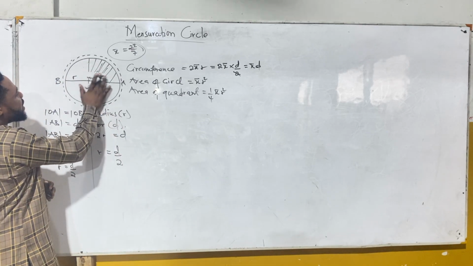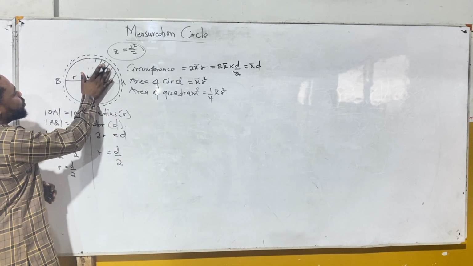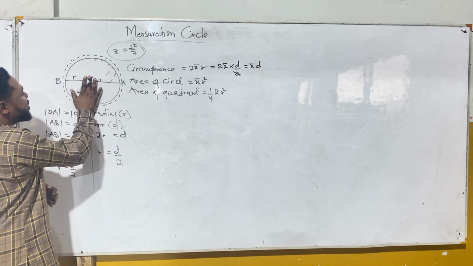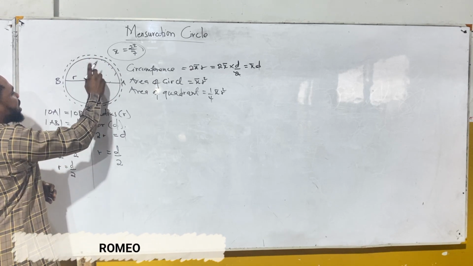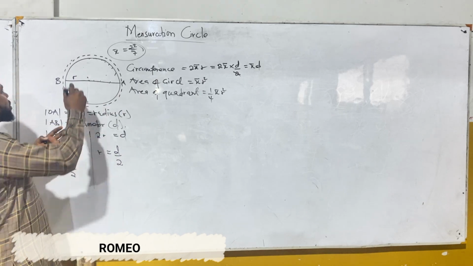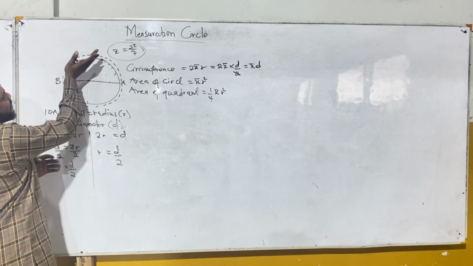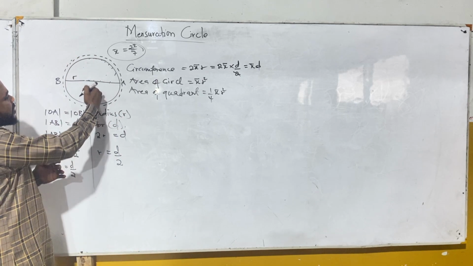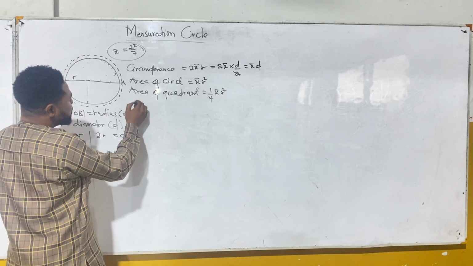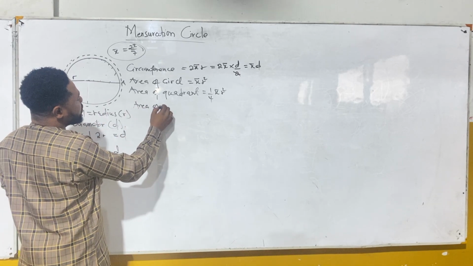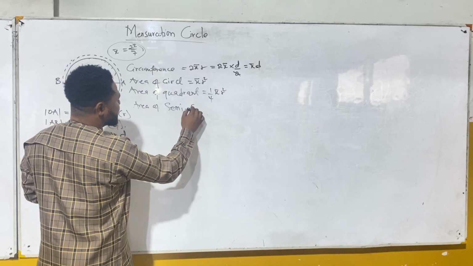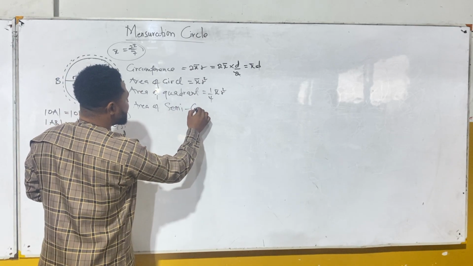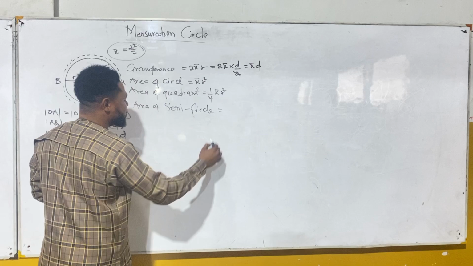Now, the diameter divides the circle into 2 equal parts. And when the diameter divides the circle into 2 equal parts, we have what we call a semicircle. So this part above the diameter is the semicircle. This is also a semicircle. So we can also be asked to find the area of a semicircle.